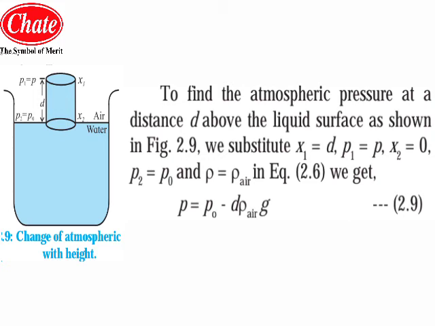We obtain that P is equal to P0 minus d rho air g. This means the pressure above the imaginary cylinder at the top side will be equal to the pressure at the bottom side of the imaginary cylinder, or at the surface level of that liquid, minus the product of the depth over which the liquid level is situated, from the reference point, times the density of air times the acceleration due to gravity.